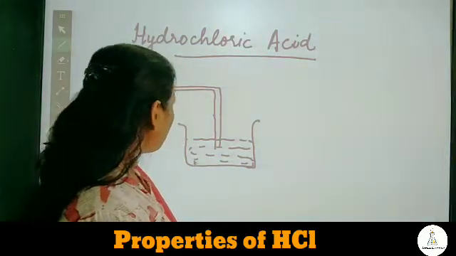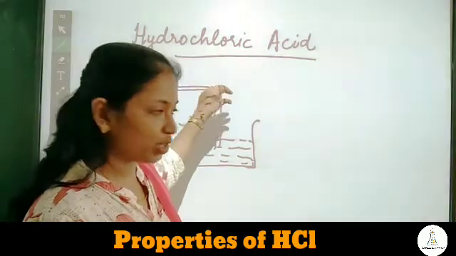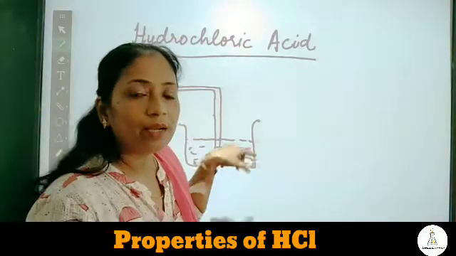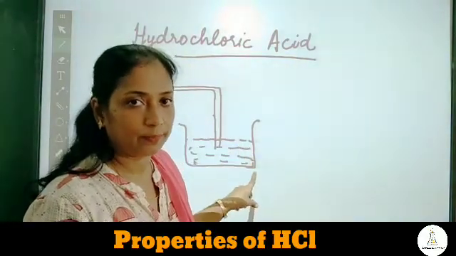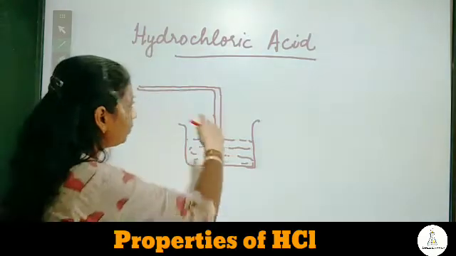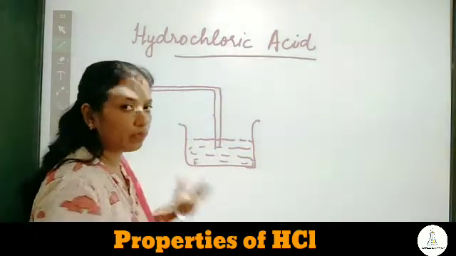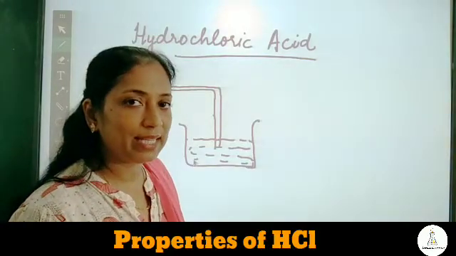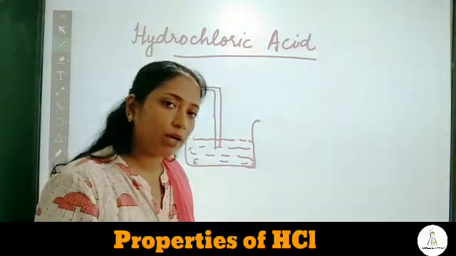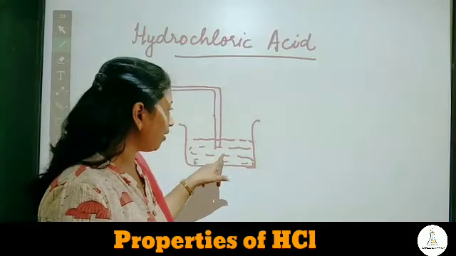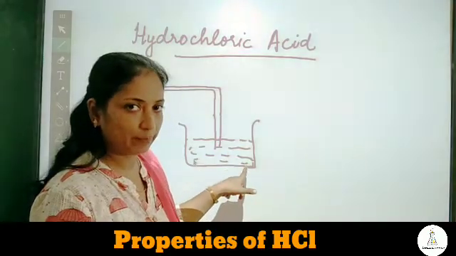The delivery tube comes directly from the round bottom flask into the trough containing water. Now this HCl gas will be led into this water, and we know by now that HCl is highly soluble in water. So it will dissolve and form hydrochloric acid here.